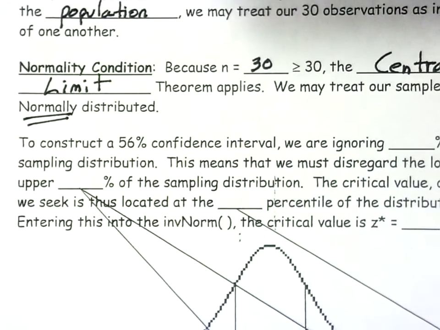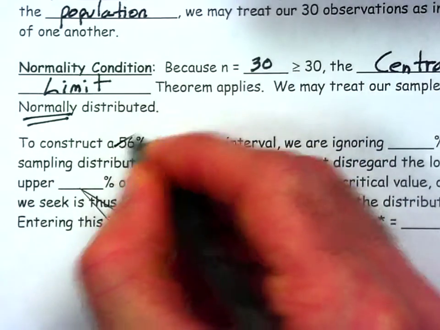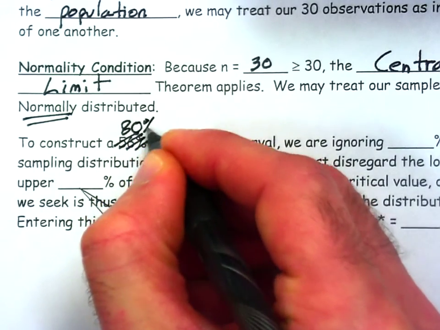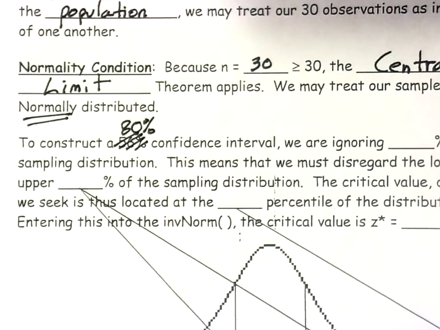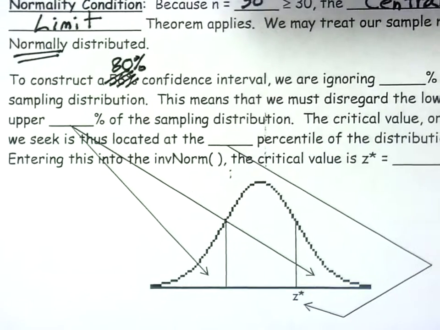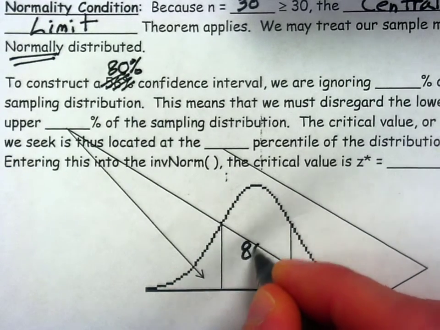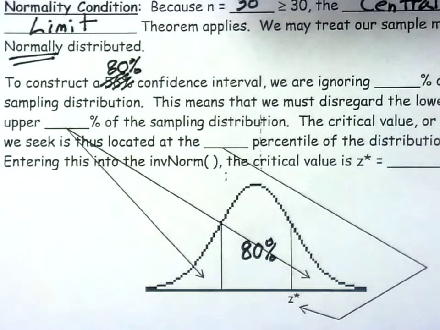So what I want to build is not a 56% confidence interval. Let's instead build an 80% confidence interval for the true mean date in our penny box. So for practical purposes, I'm interested in the central 80% of the sampling distribution.